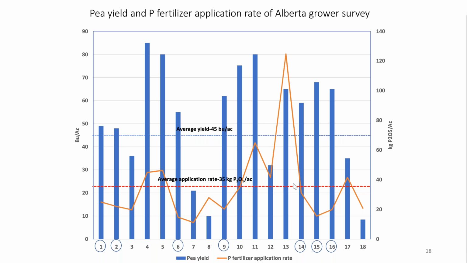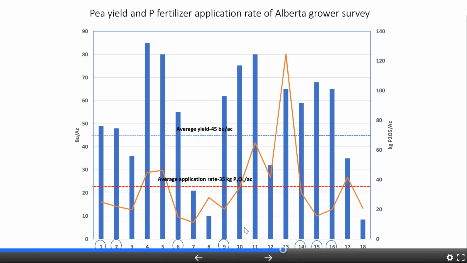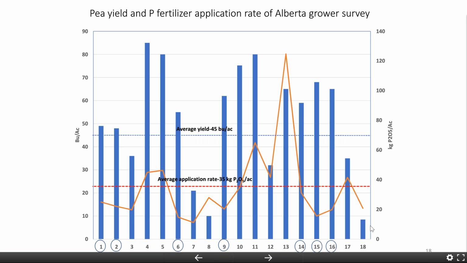But you can see the variability even with the producers that we had. So I'll point to a couple. Producer 8 and producer 18 were definitely bringing down the average, so to speak, with yields of less than 10 bushels per acre, 8 bushels in this case.